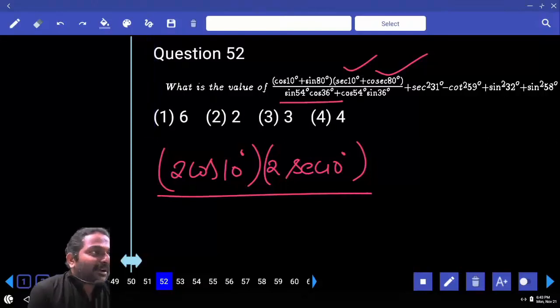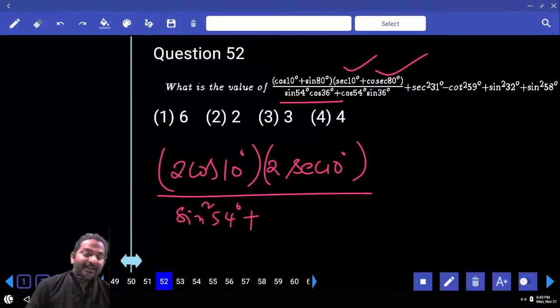Sin 54 cos 36. Cos 36 can be written as sin 54. So we can write it as sin square 54 degrees and cos 54 sin 36. Sin 36 can be written as cos 54. So that we can write it as cos square 54 degrees.